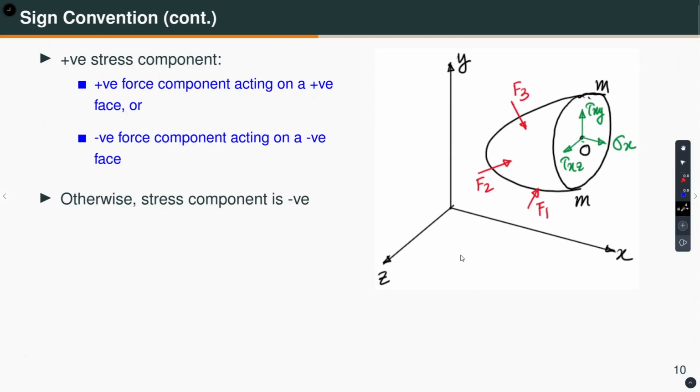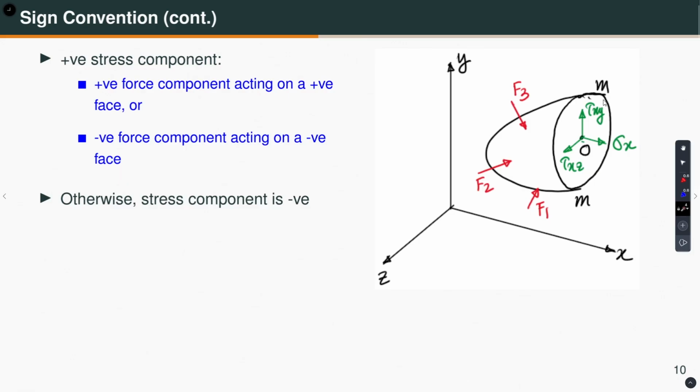Now, what is the sign convention for stress? We will call a stress component positive if it acts on a positive face and in the positive direction of the coordinate axis. In other words, a positive force component acting on a positive face will give me a positive stress component, or a negative force component acting on a negative face will give me a positive stress component, otherwise it is negative.